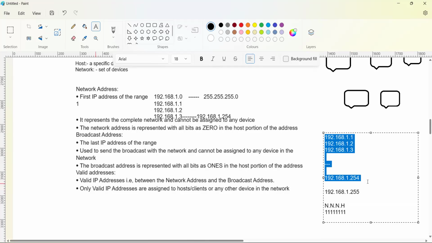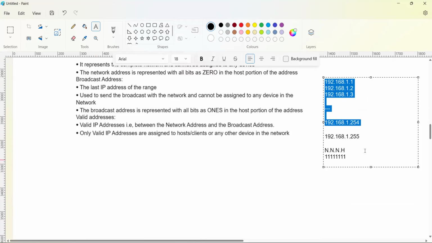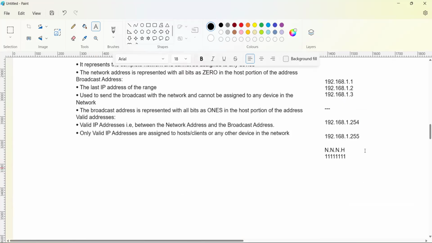Valid IP addresses are between the network address and the broadcast address. Only valid IP addresses are assigned to hosts, clients or any other devices. We can assign these only to devices. Understood?